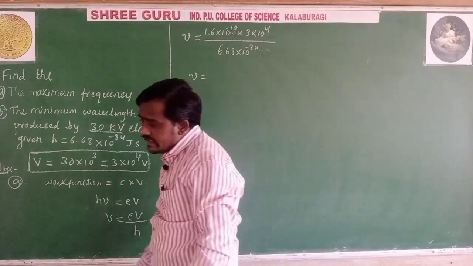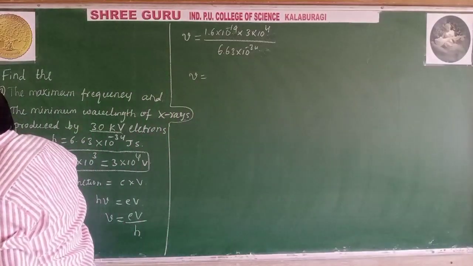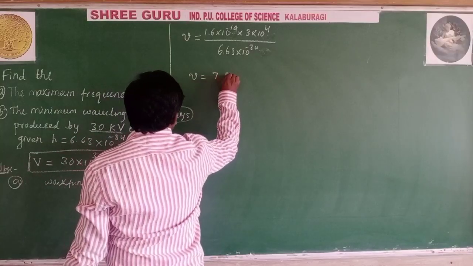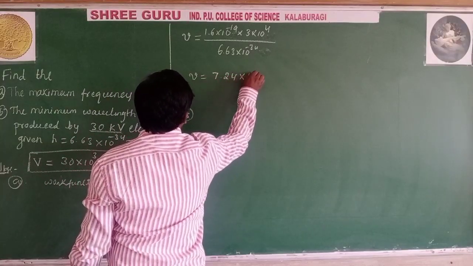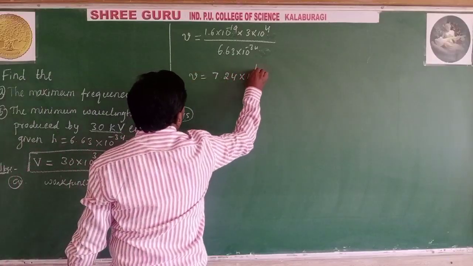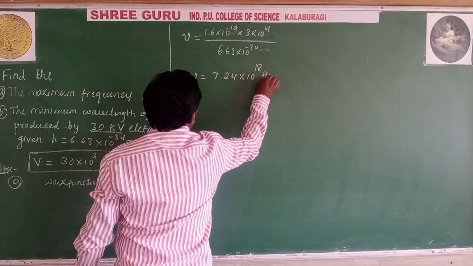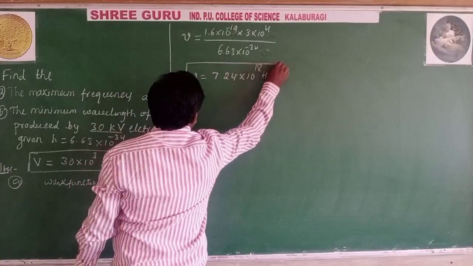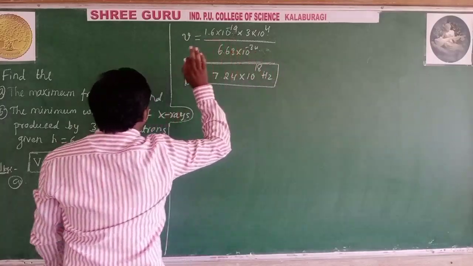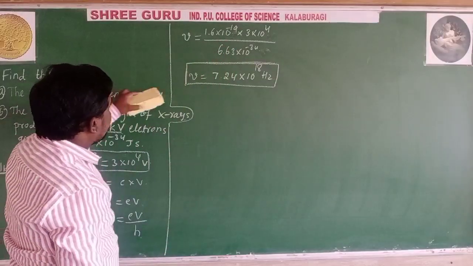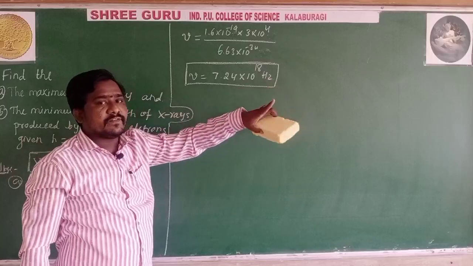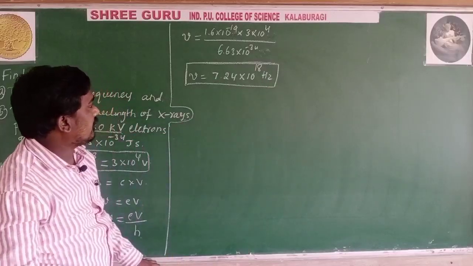The final answer is 7.24 into 10 to the power 18 hertz. Very important is the unit of the maximum frequency, which is hertz. If you do not mention the unit, you are definitely going to lose the marks.